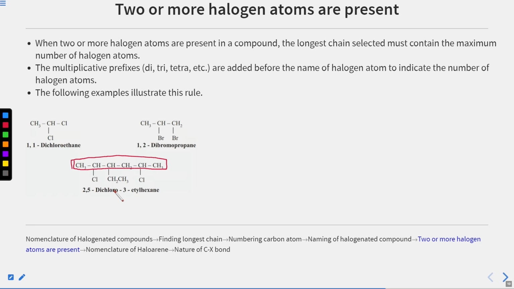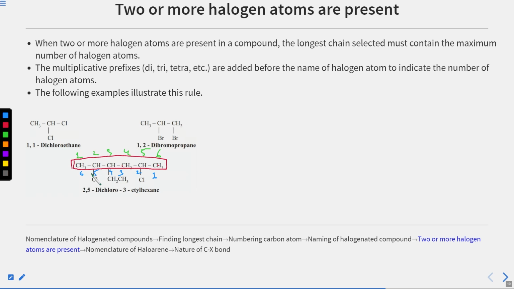Now numbering can be done from 2 sides. 1, 2, 3 here, and the other numbering can go as 5 and 6. Now which side will we start numbering from? If you see here, we have chlorine on both sides, at the 2 position.